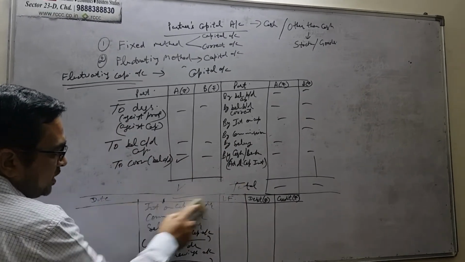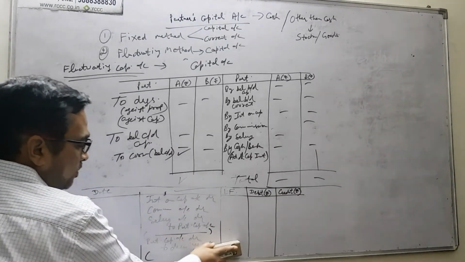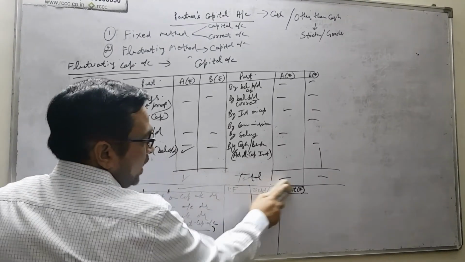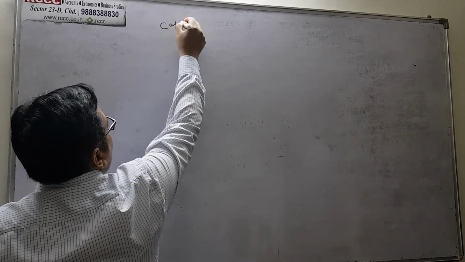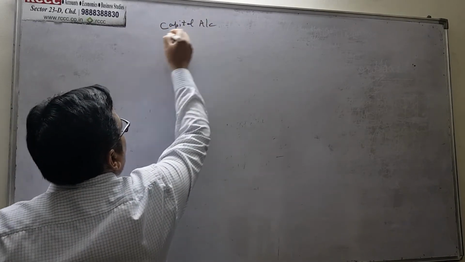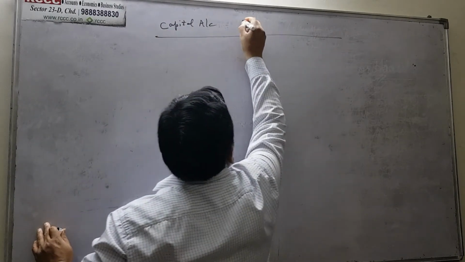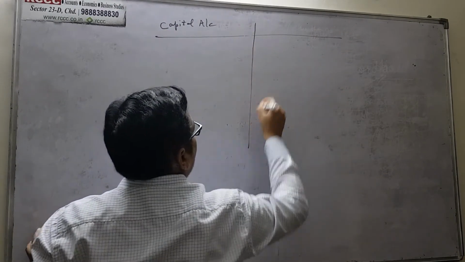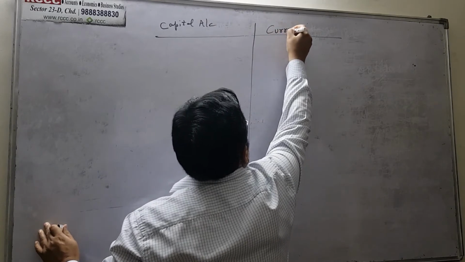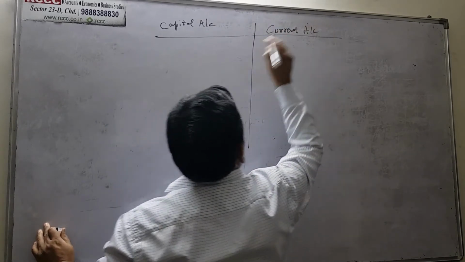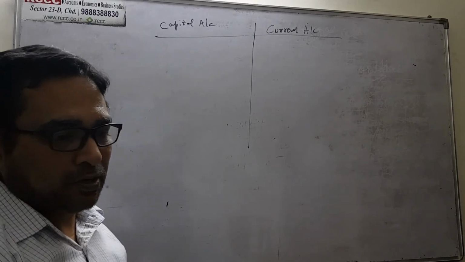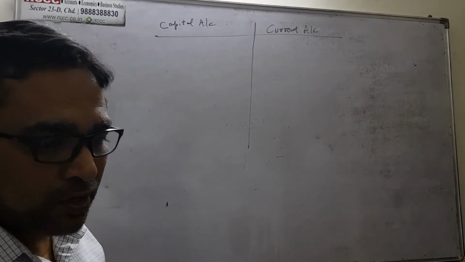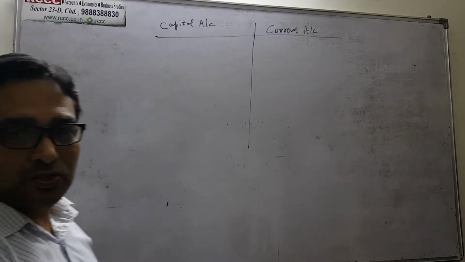Now we have to understand the difference between partners capital account and current account, right? So these are the points of difference between current account and capital account. Now, what is current account and what is capital account? We have just understood it.